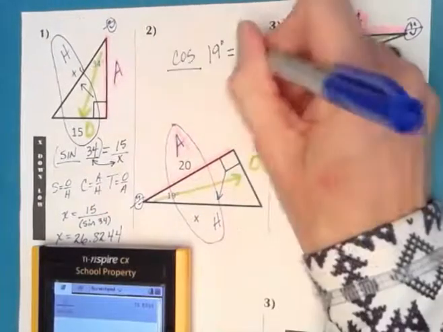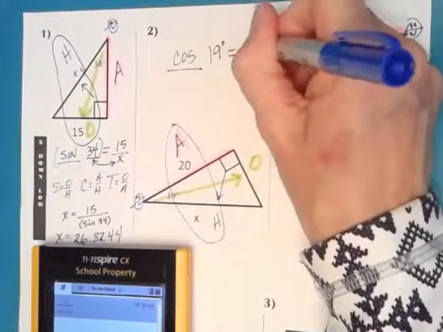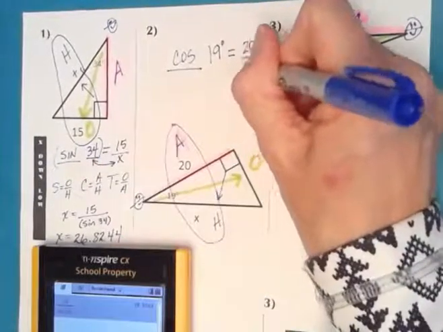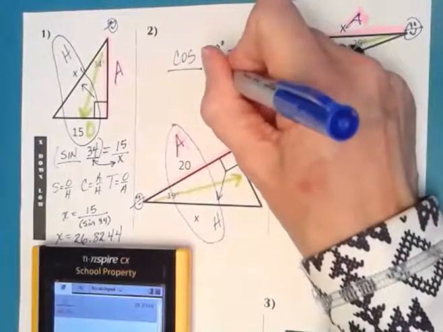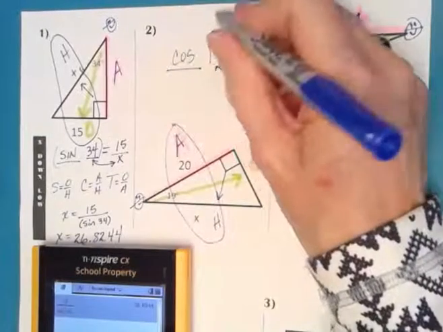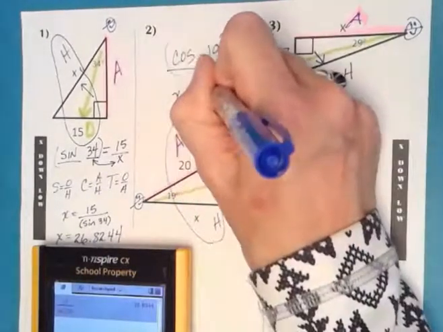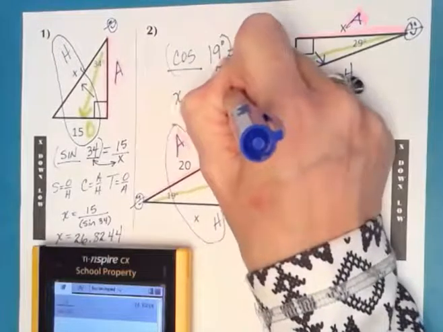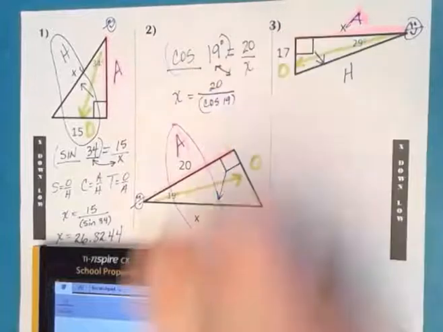And cosine is always set the adjacent, which is 20, in the numerator, and the hypotenuse we don't know in the denominator. Since x is down low, x and the angle information will switch, you know. So x will equal 20 divided by the value called cosine 19, stored in your calculator.